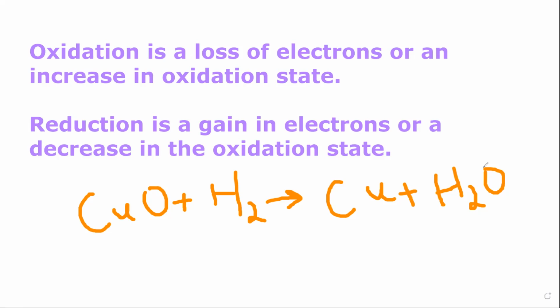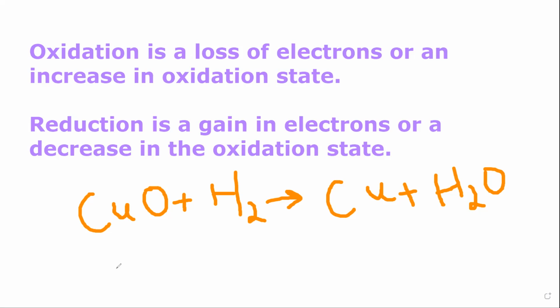So if we write it in the ionic form, what happened is the copper basically has a charge of +2, and the copper and oxygen have ionic bonds.